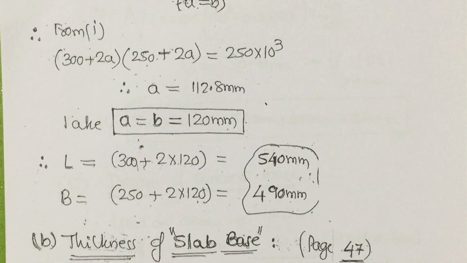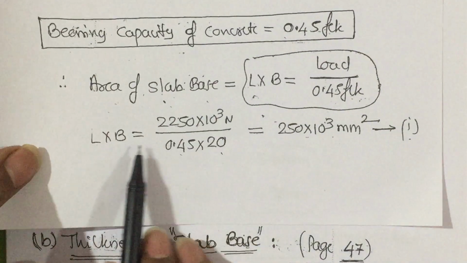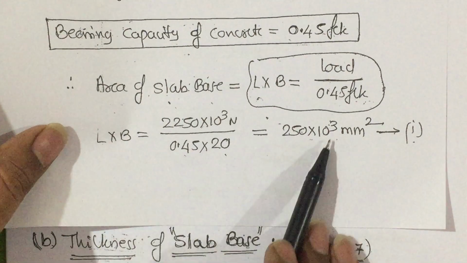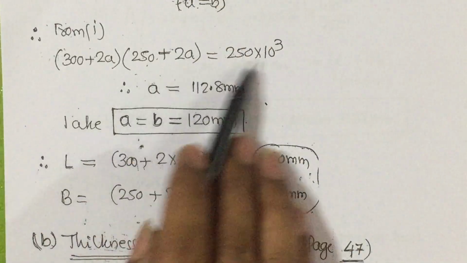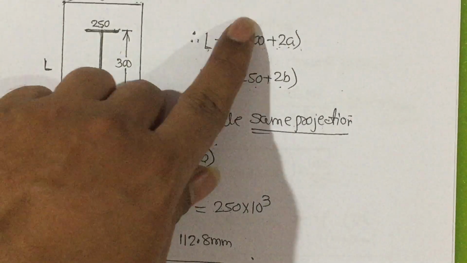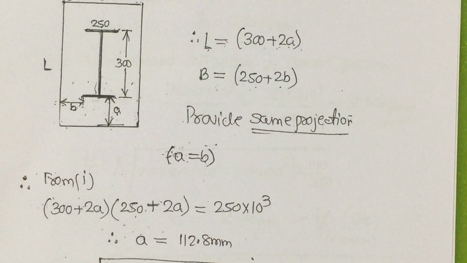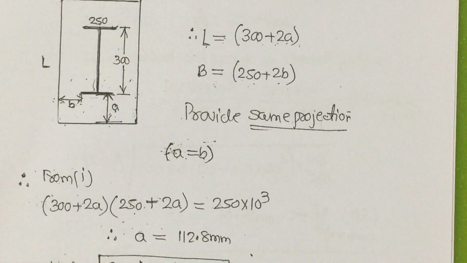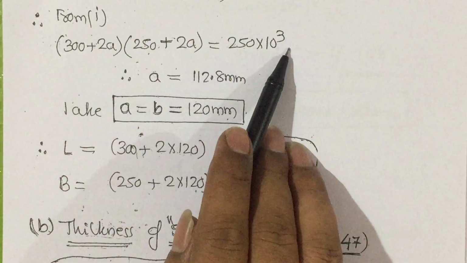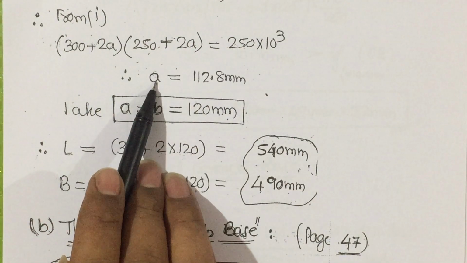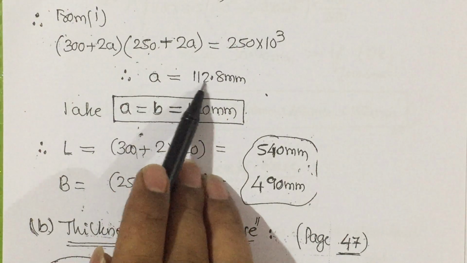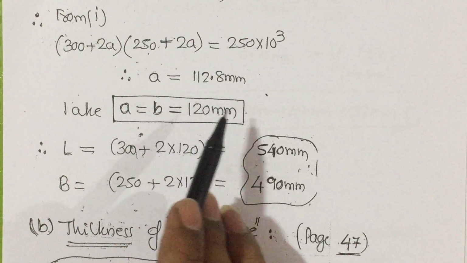Therefore, from equation 1, substitute the values of L and B, and that is equal to 250 into 10 power 3. L and B we calculated. So, wherever B is there, put it as A, since we took A equal to B. From equation 1, if we solve this, we are going to get the A value, that is A equal to B. Then we got 112.8, round up to the highest number.